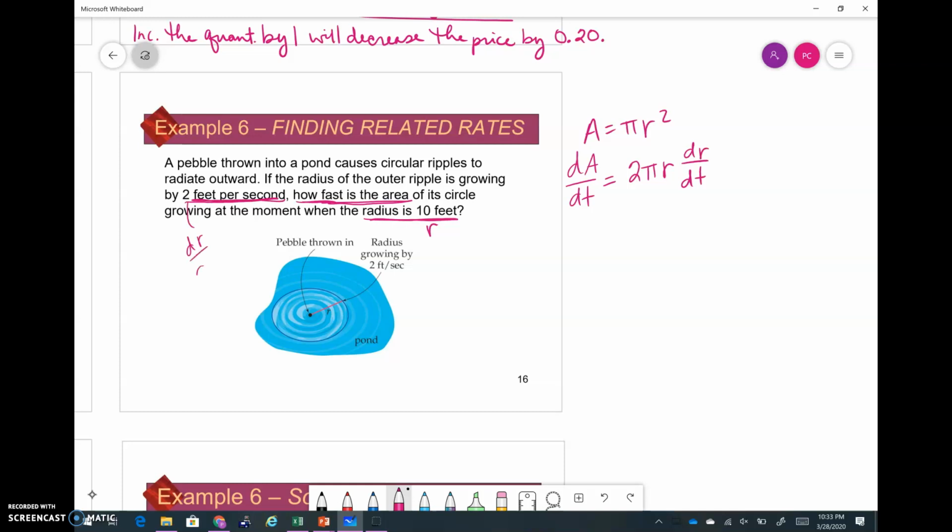That is our dr over dt. So I can plug these in. dA over dt is going to be equal to 2 pi times 10 times 2, which would give us 40 pi, or 125.6.